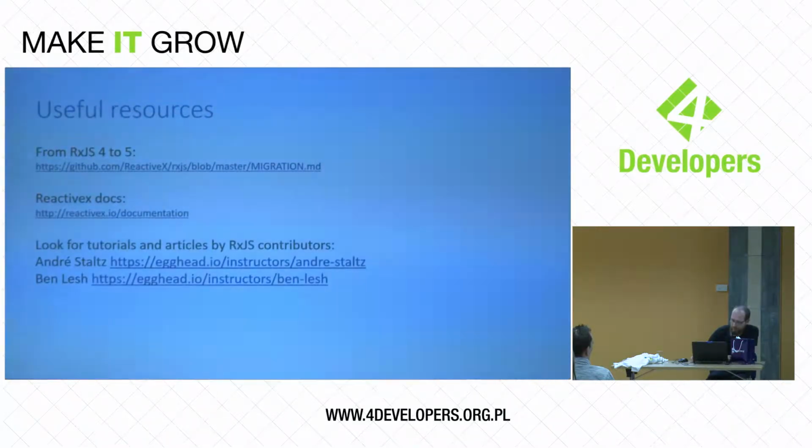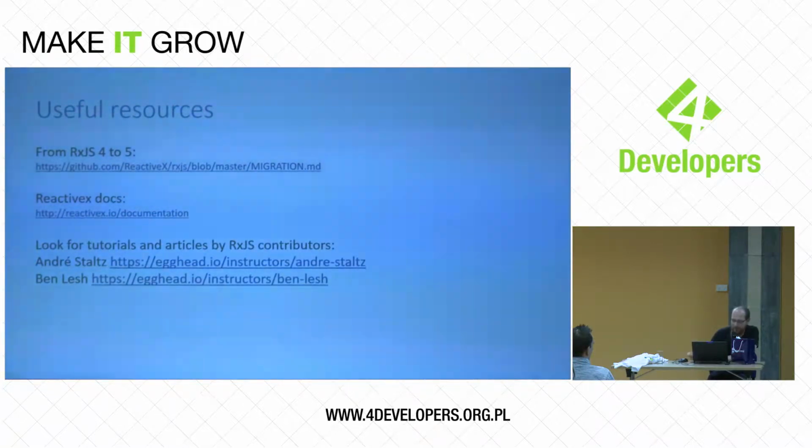Okay, yeah, that's it. Here are some useful resources I used to create this presentation. Right, I forgot: watch out for the names of the methods in RxJS because it's migrating and it's not always obvious which article or documentation is about which version.